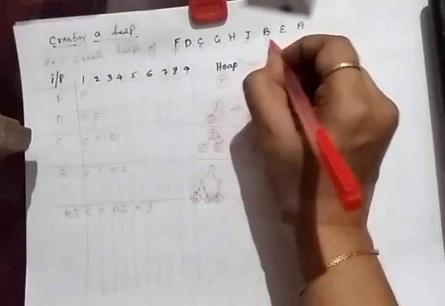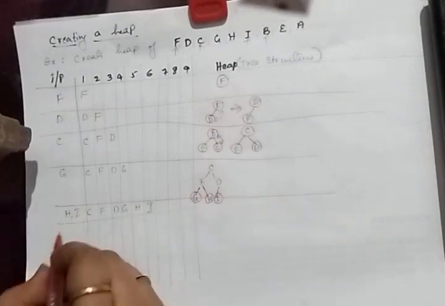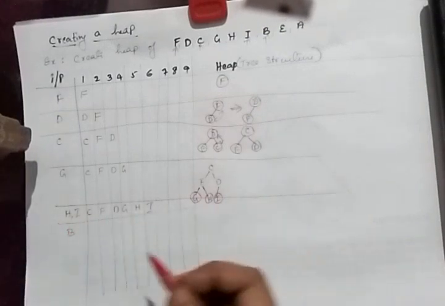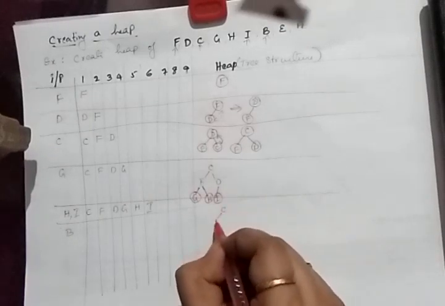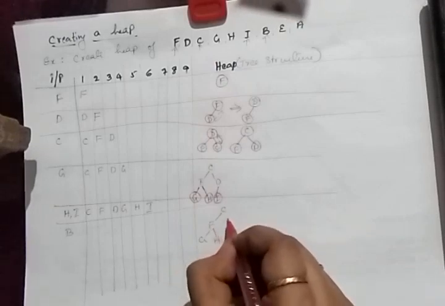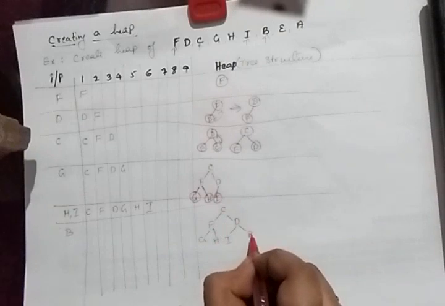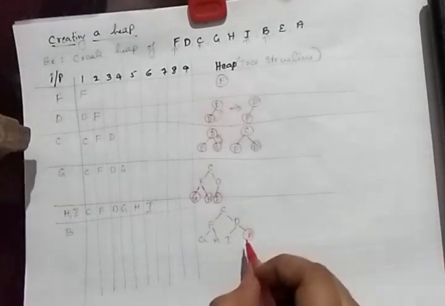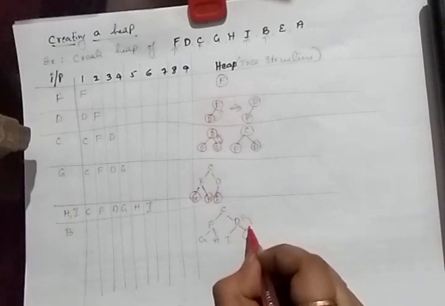Next comes B. Now what exactly happens? When you get B as the input, I am going to put C, F, G, H, here you have D and here you have I. Now here I am going to put B. B is less than D, so you need to swap.